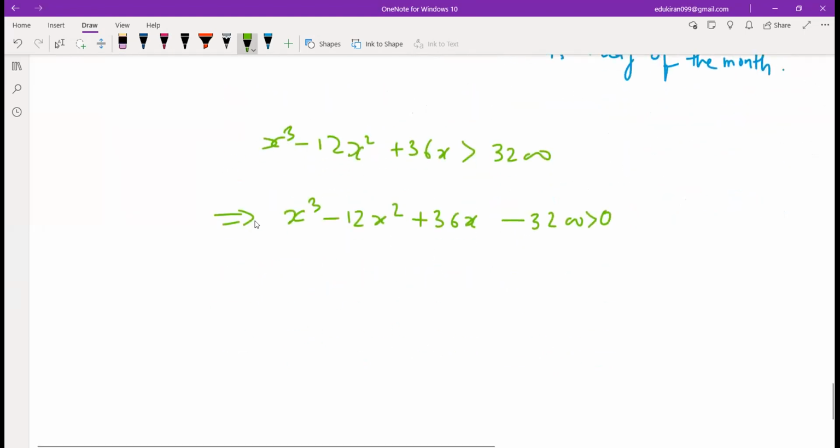Now you have to first find the factors. So you can think of some value of x, because 3200 is way too big to find like that. Is this an increasing one? No, it is not an increasing one.